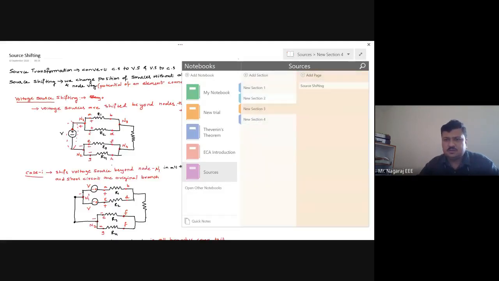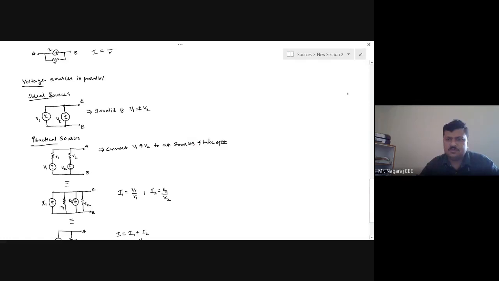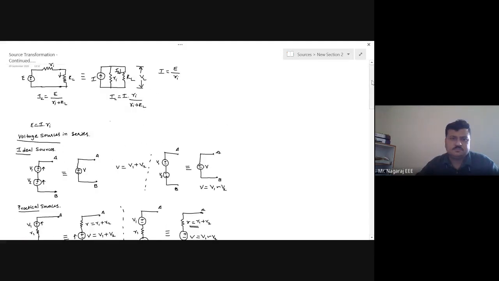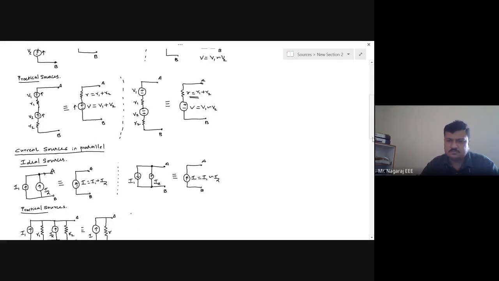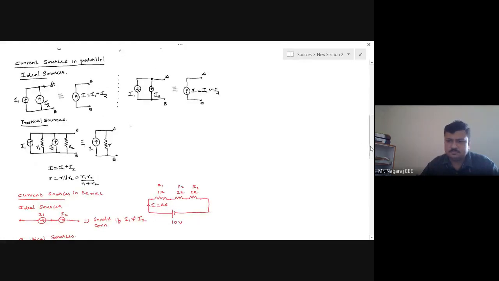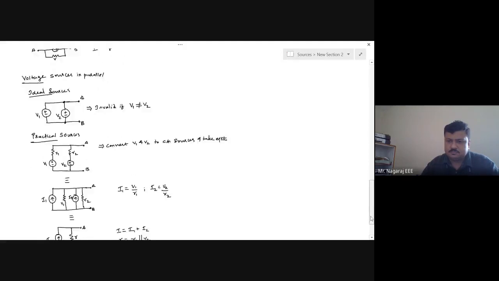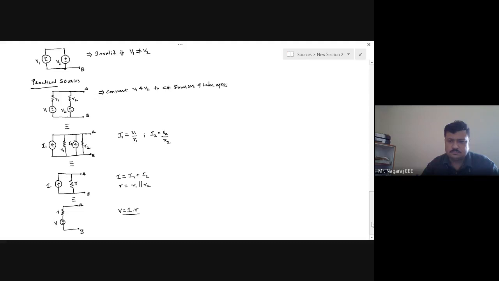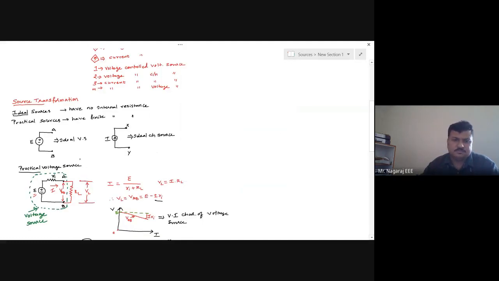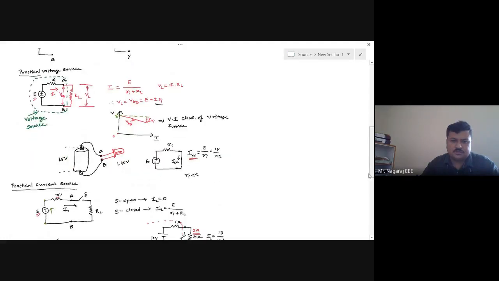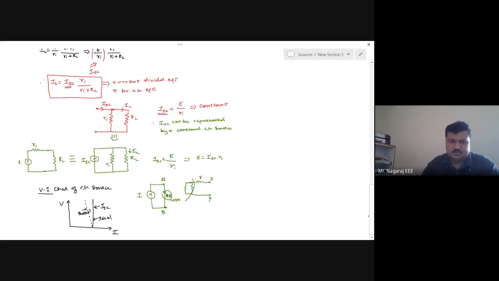Now, as per the voltage sources we have seen here, if I am converting a voltage source into a current source, what should I take? The source voltage divided by the series resistor.